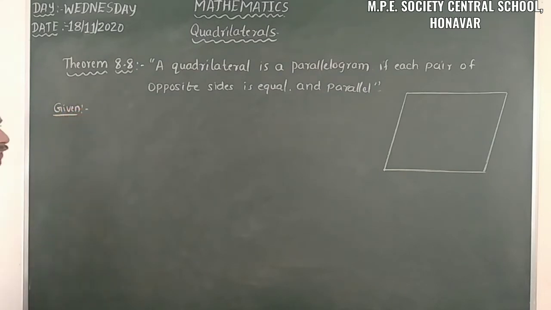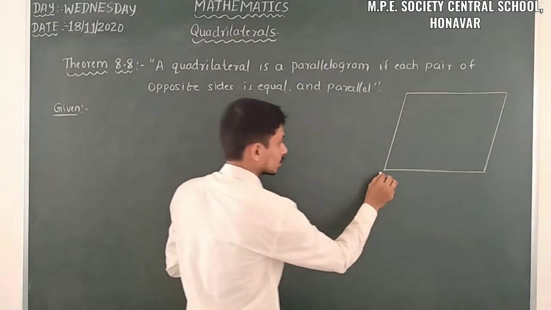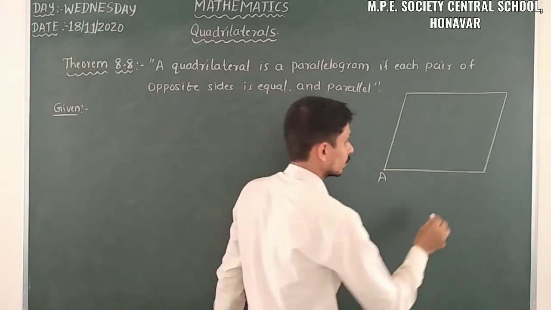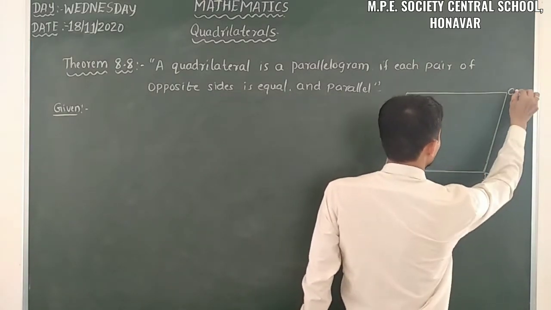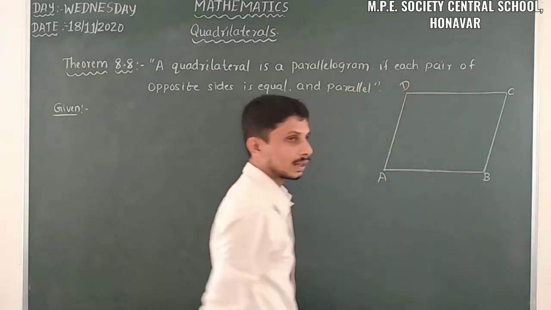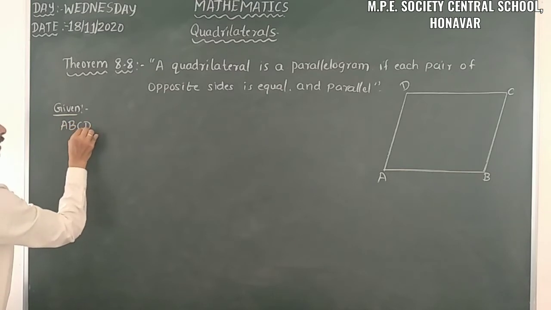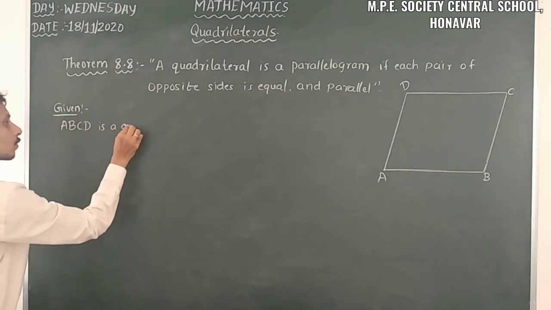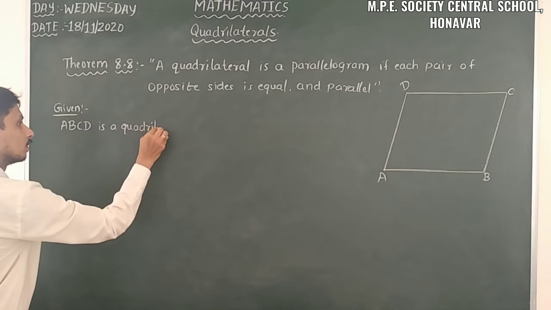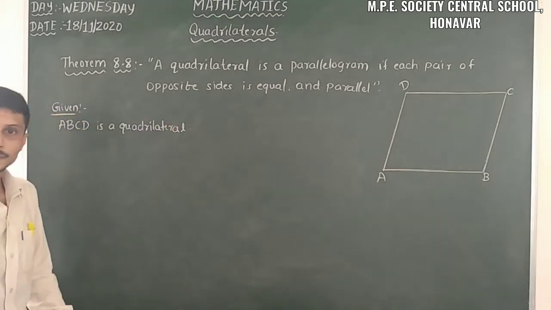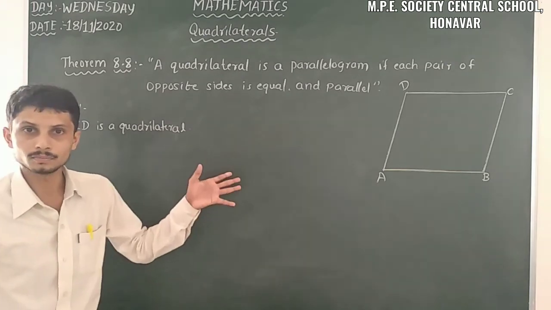Given: ABCD is a quadrilateral. Firstly we have to consider it as a quadrilateral, not a parallelogram.